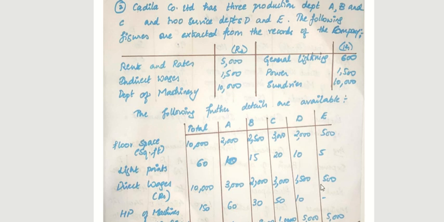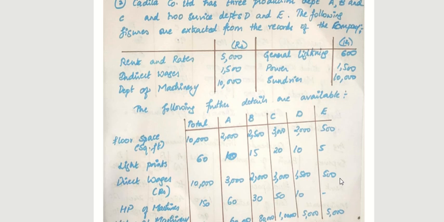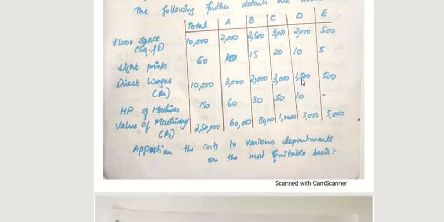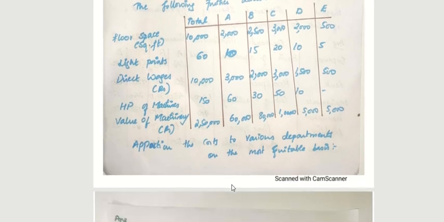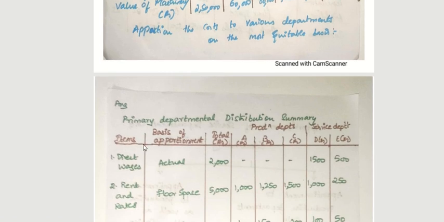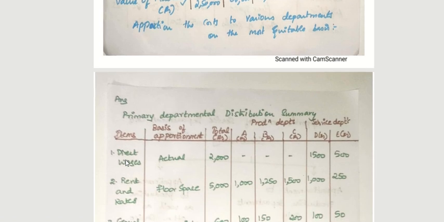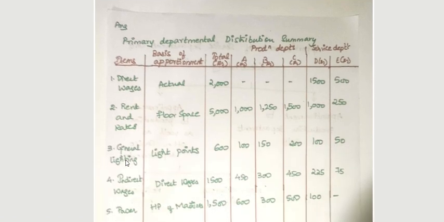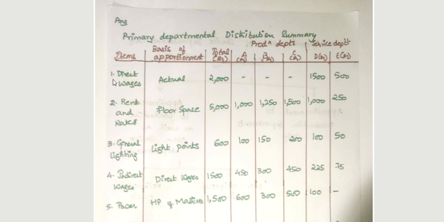So you will apportion the direct wages, which are your direct expenses, considering them as indirect expenses, only to the service departments. So take the amounts respectively only to the service departments. So you will always start with the direct expenses. So if you have materials, expenses or wages given, you will start with that. So direct wages are given in the question. So basis of apportionment is actual basis. So your total is 2000.